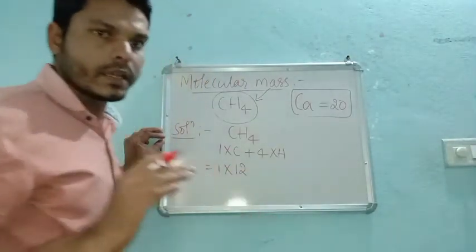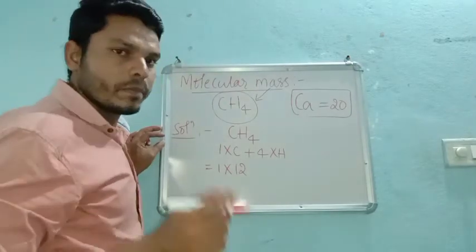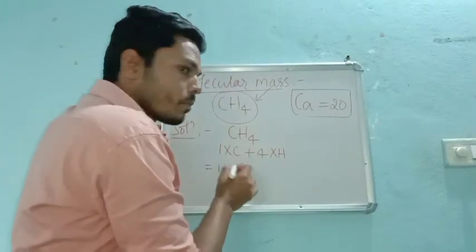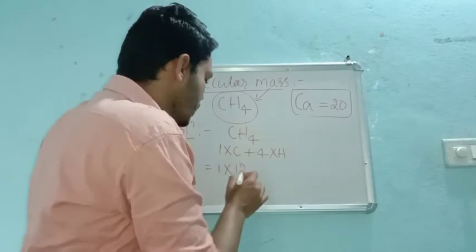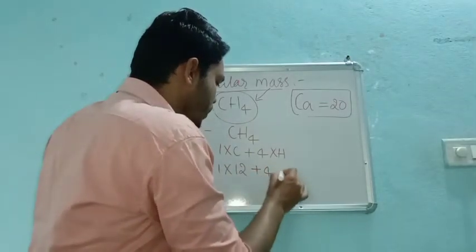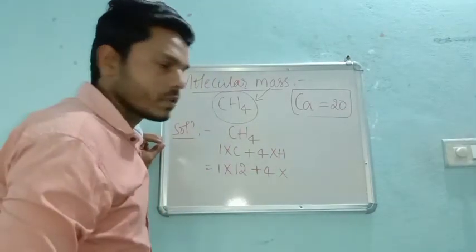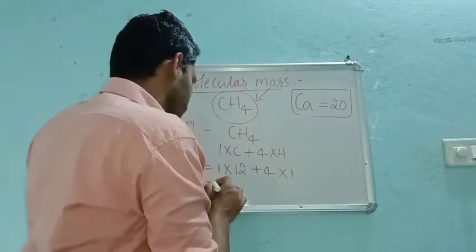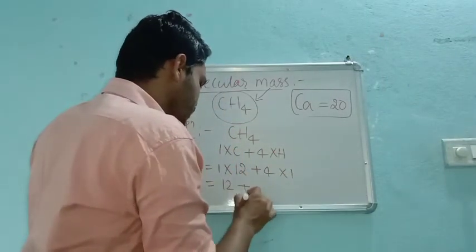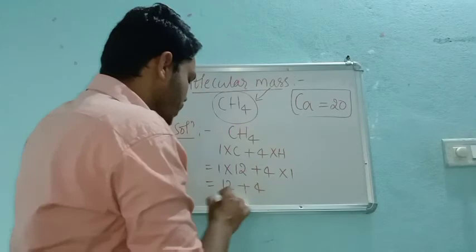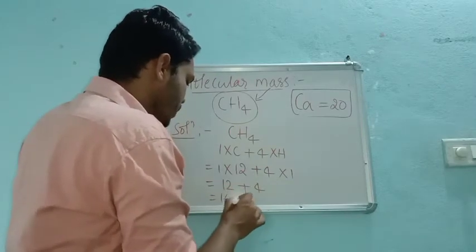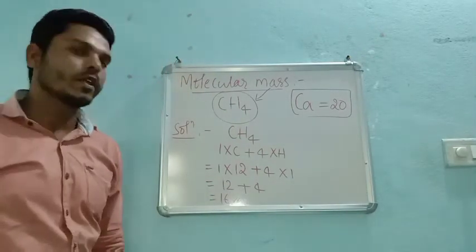If you know, then good. If you don't know, please go and check. Carbon's mass is 12. So 12 plus 4 into what is the mass of hydrogen? Always it will be 1. 12 into 1, 12, plus 4 into 1, 4. 12 plus 4, 16. So the molecular mass of CH4 is 16.